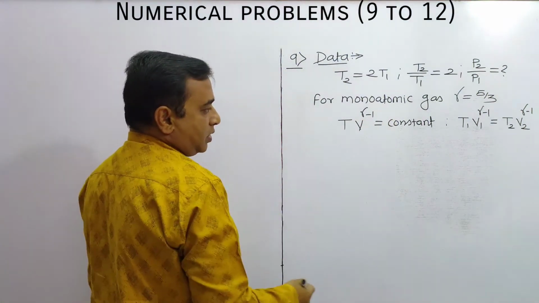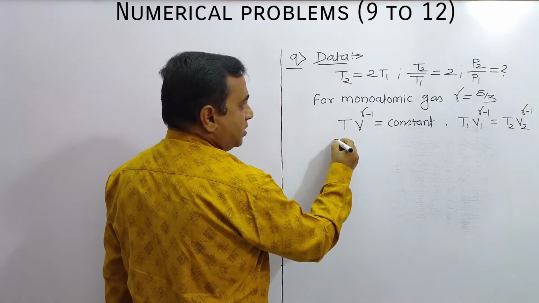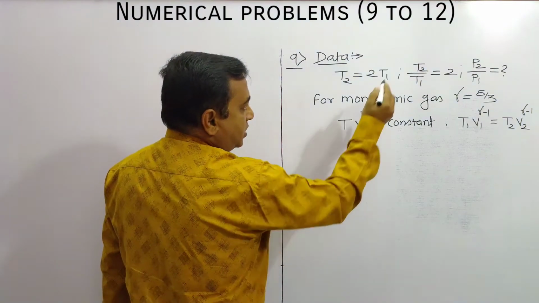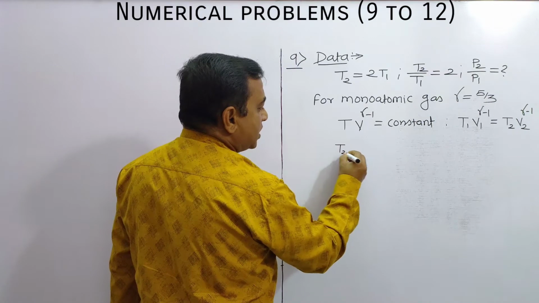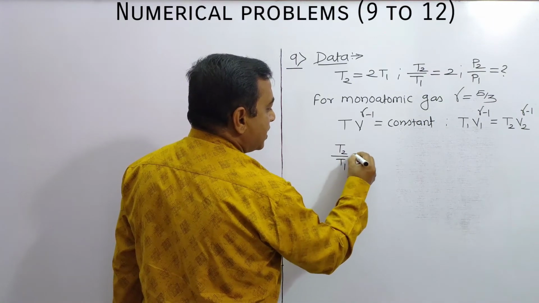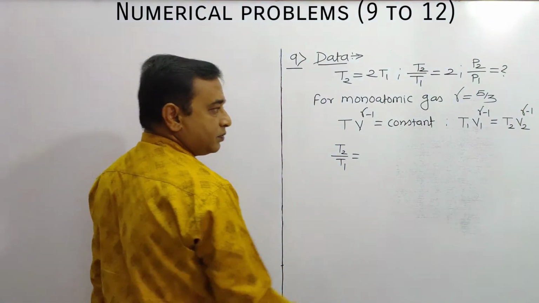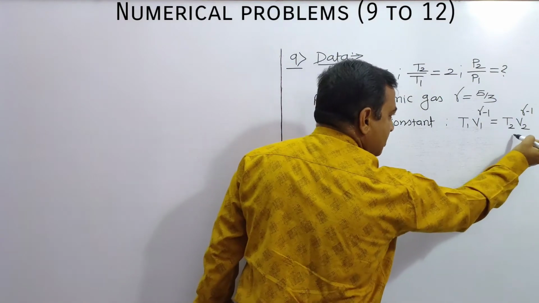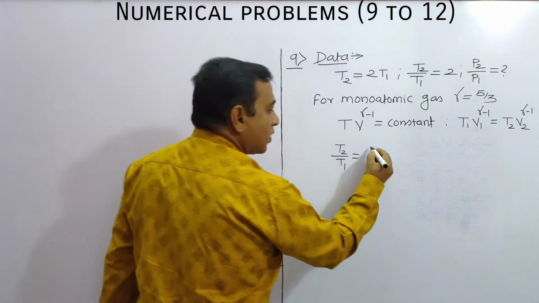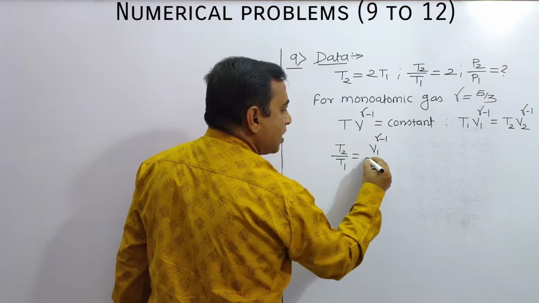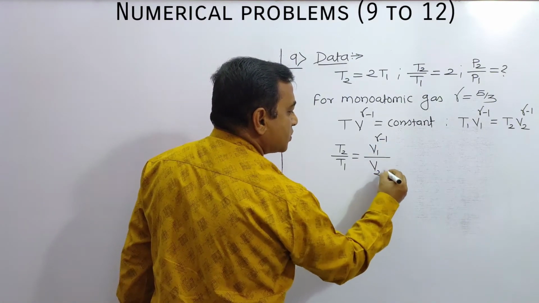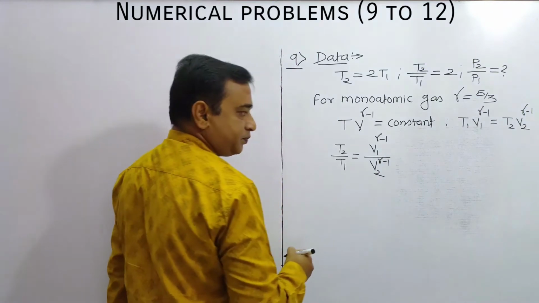Now we know very well that T2 upon T1 is equal to this much. So taking the ratio, T2 upon T1 is equal to V1 raised to power gamma minus 1 upon V2 raised to power gamma minus 1.